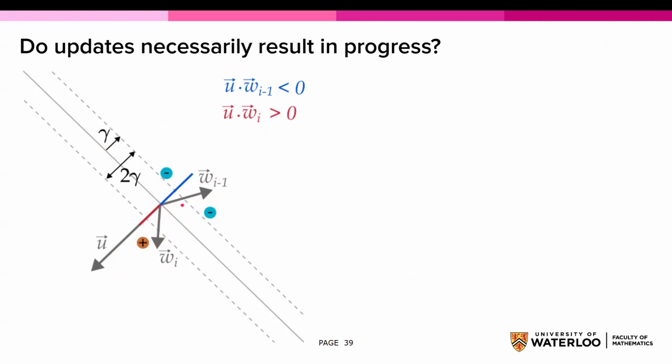In this case, because the sample we received is positive, the model absorbs this example into its representation and rotates towards the sample. And in so doing, increases its alignment with the oracle for the dataset. Here we went from a negative result of the projection to a positive result. And so even though the magnitude of the projection is smaller than before, we've still made some progress.